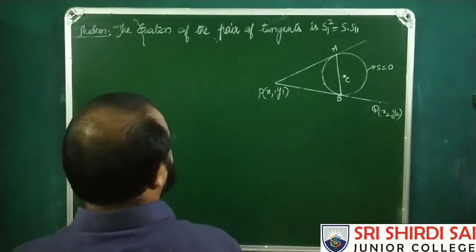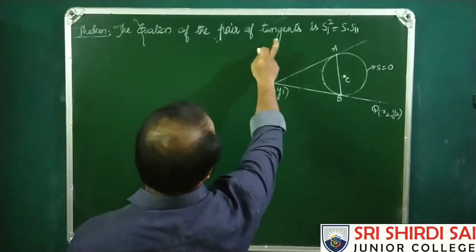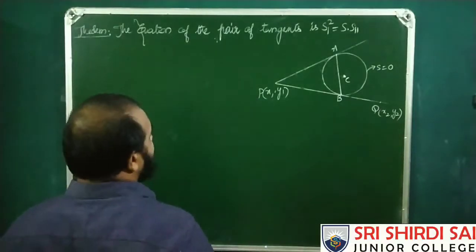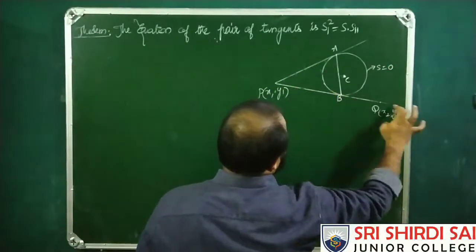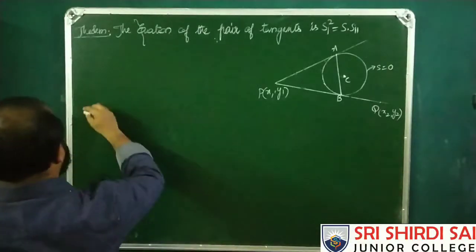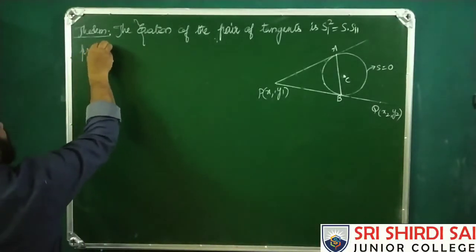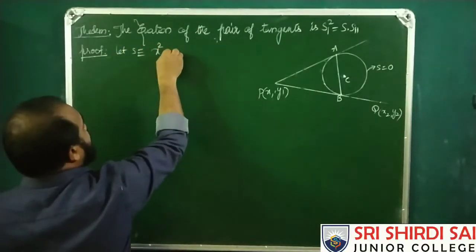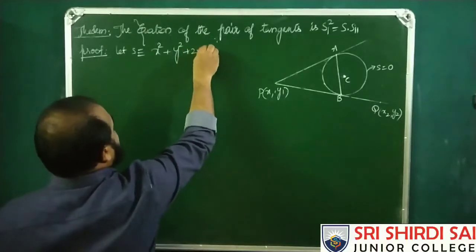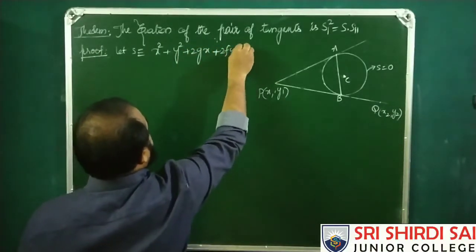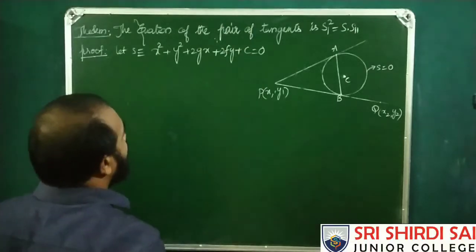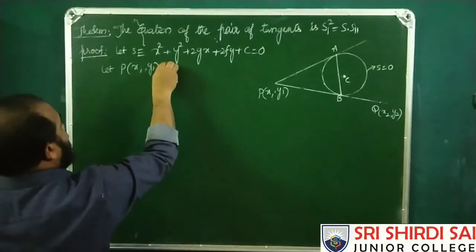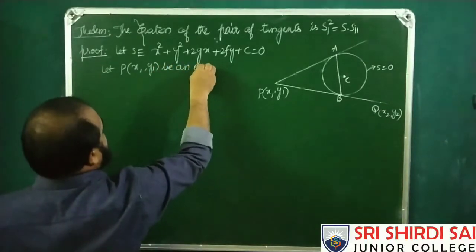Now the next theorem is, the equation of the pair of tangents is S1 square equals S into S11. So these are the pair of tangents. Proof: let S be x square plus y square plus 2gx plus 2fy plus c equals to 0. Let P(x1, y1) be an external point.